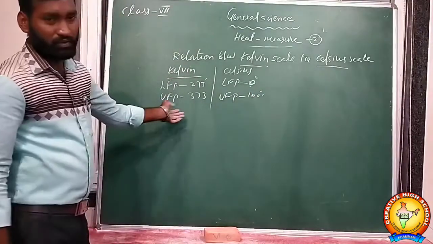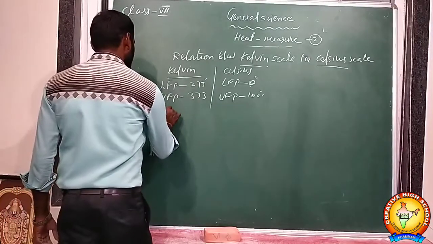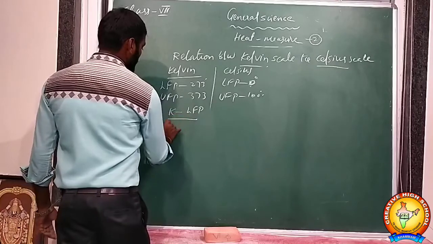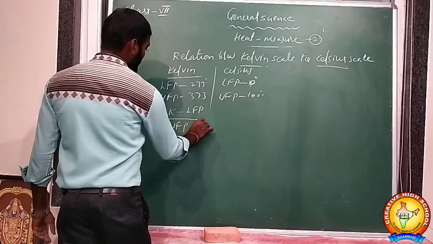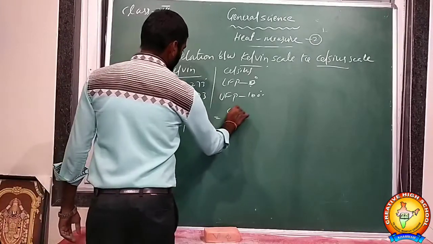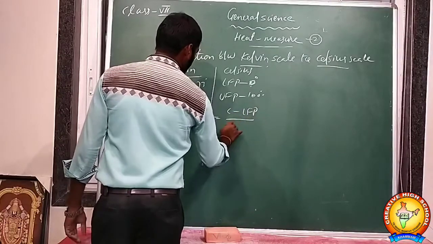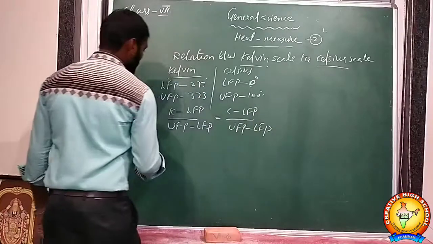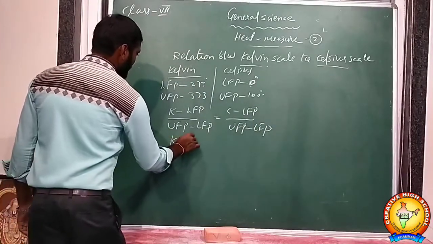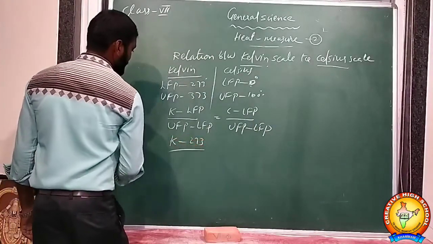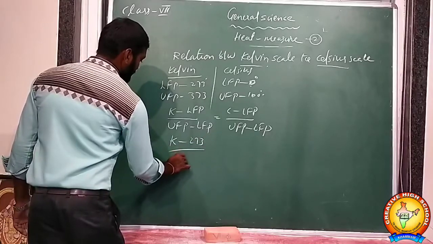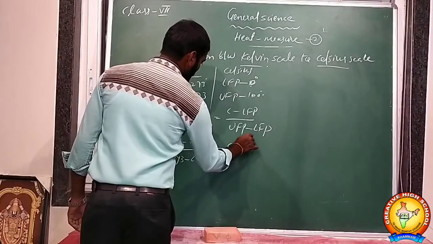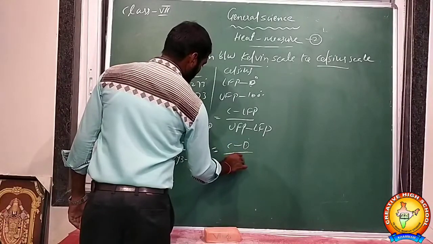So we know the formula. The formula for finding K: K minus LFP by UFP minus LFP is equal to C minus LFP by UFP minus LFP. That is K minus 273 by 373 minus 273, equal to C minus 0 by 100 minus 0.